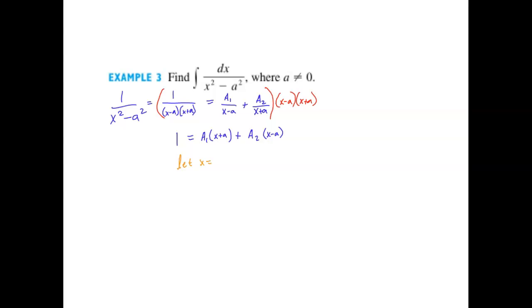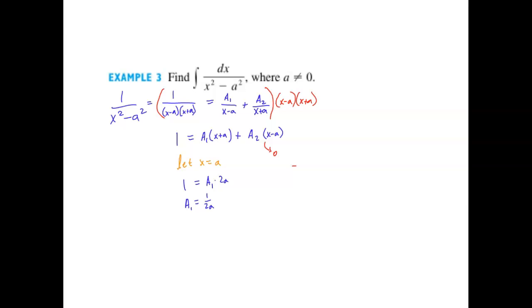Just a. So if I let x equal a, that's going to make this term be 0, and I'm going to have 1 equals a1 times 2a. I can then solve for a1, just divide out the 2a. a1 equals 1 over 2a.